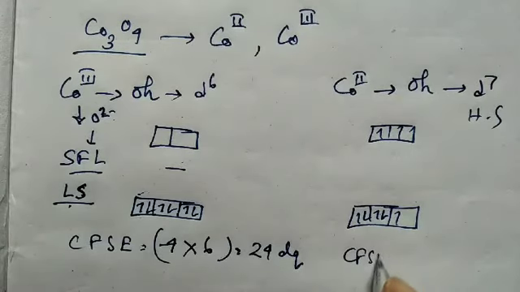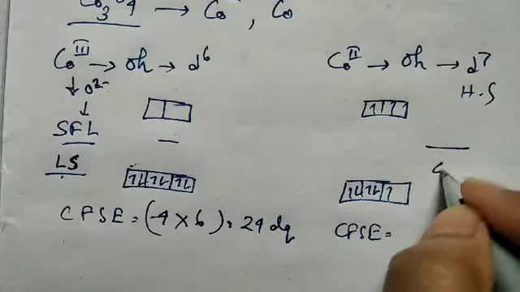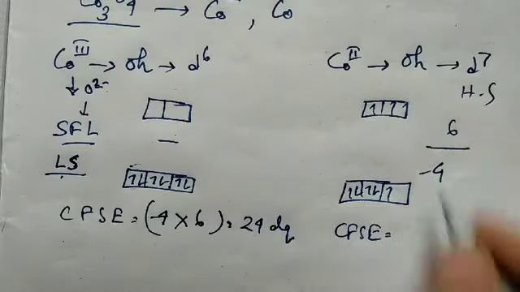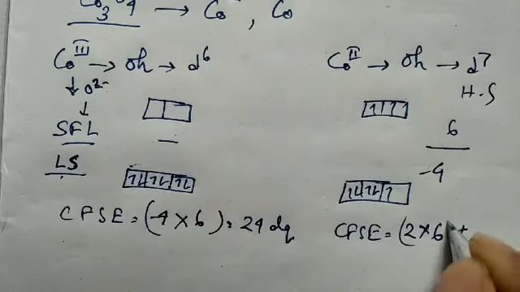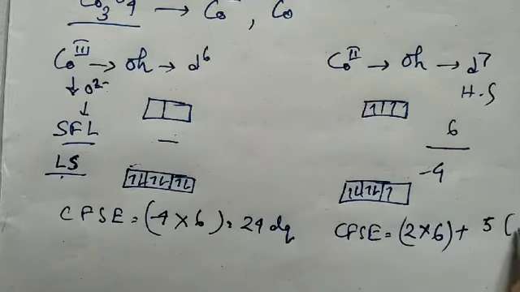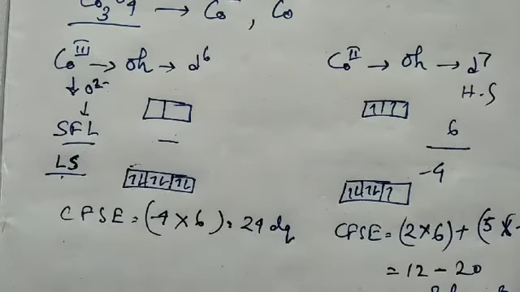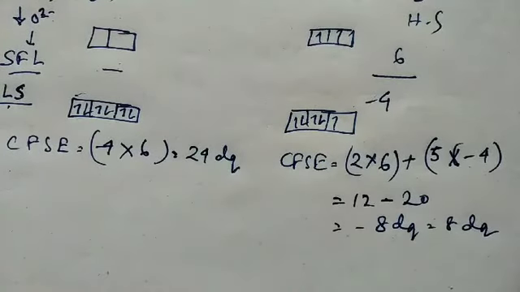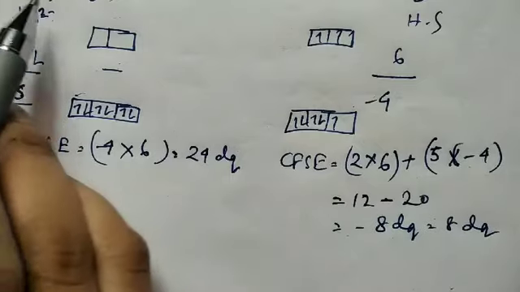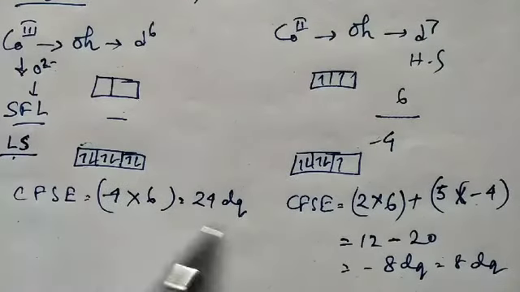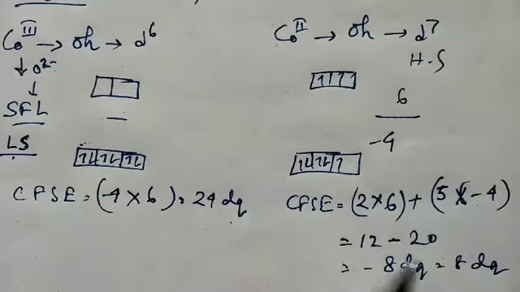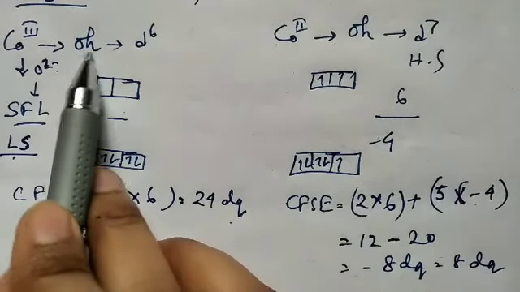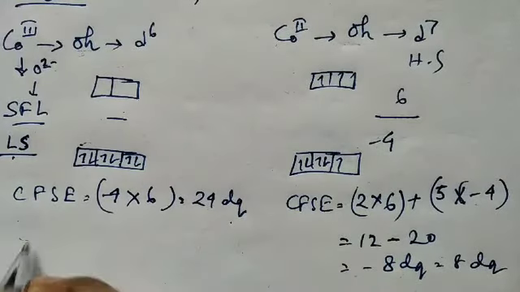Then what will be the CFSE? This is 4, this is 6, so 2 into 6 plus 5 into minus 4. So it is 8 Dq. Therefore, see here, the cobalt trivalent cation has more CFSE than the divalent cation in the octahedral site. Therefore, it will be a normal spinel.